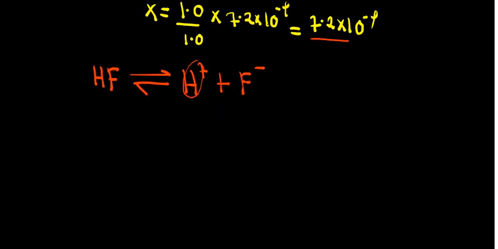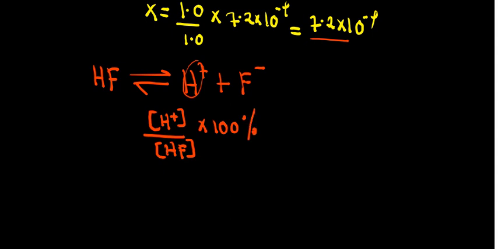So now, to find out the percent of this in that, we're just going to say, what is this divided by this going to give us? This is going to be multiplied by 100, because I'm trying to find out what is the percent dissociation of the hydrogen ions in the HF. And we found out the value of the H plus there. We found out the concentration.